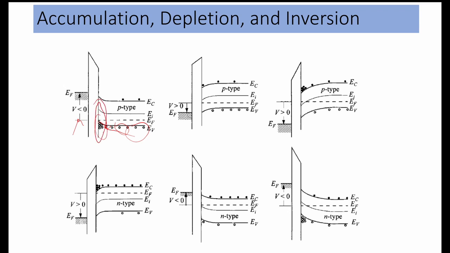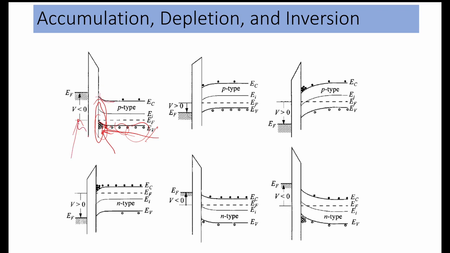The gap between the Fermi level and the valence band will decrease, because the holes are attracted towards the junction. So the bands will move like this.